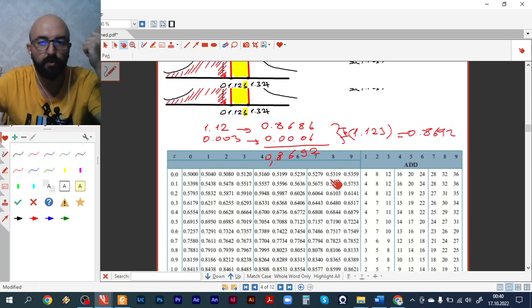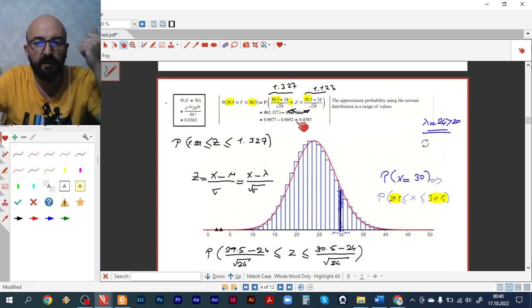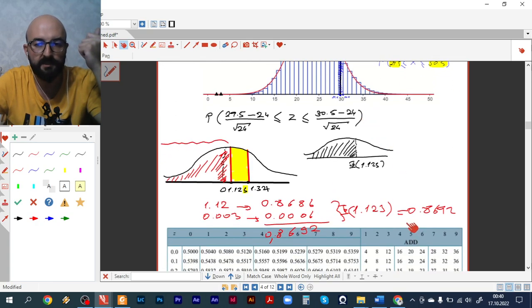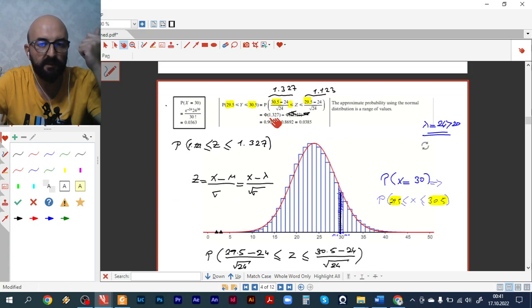If you look at the table, 1.123 means 0.8692.